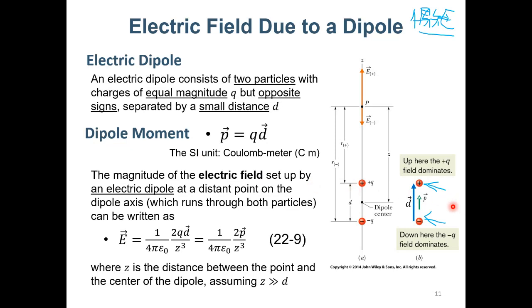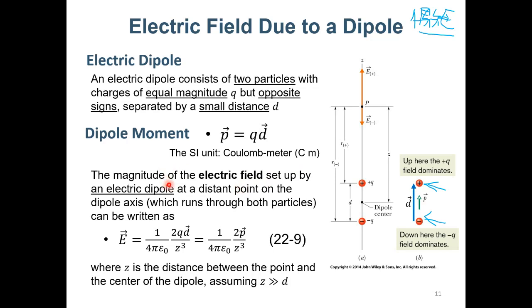The physical variable related to the dipole is the dipole moment, which is defined as p, also a vector, equals q times the vector d. So it relates to how large the charge is and also the distance between them. The SI unit is coulomb meter.